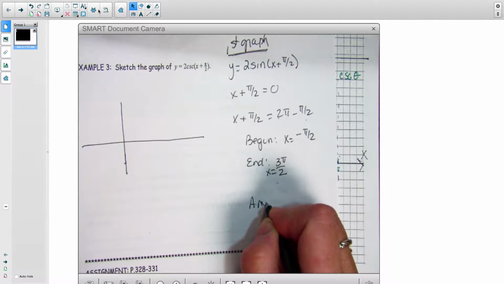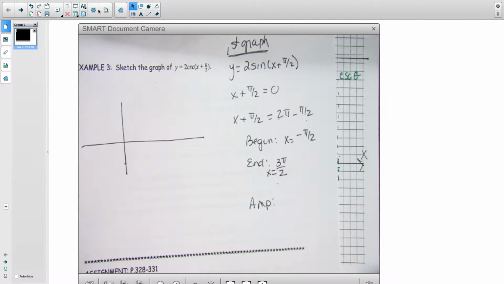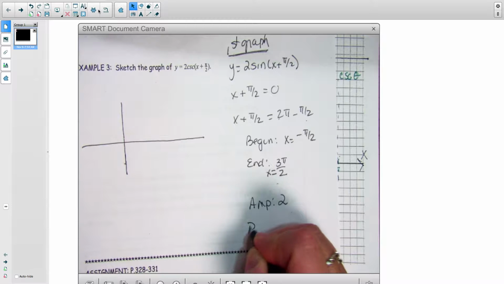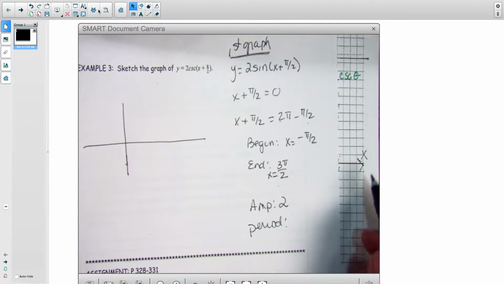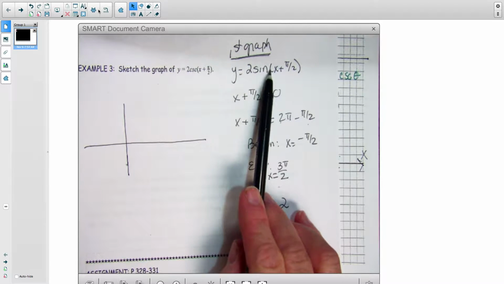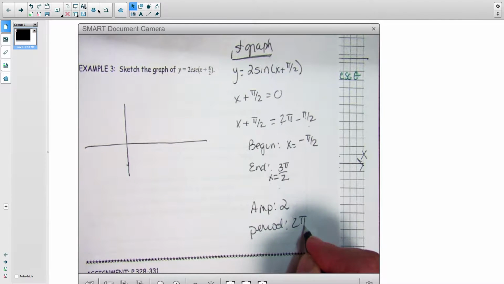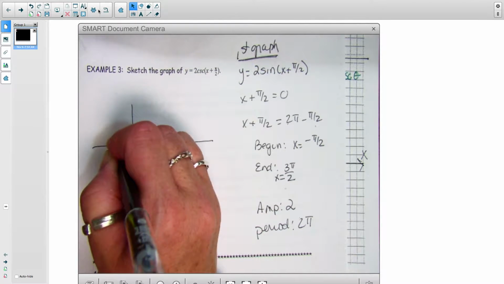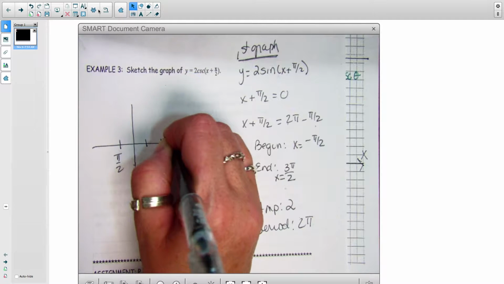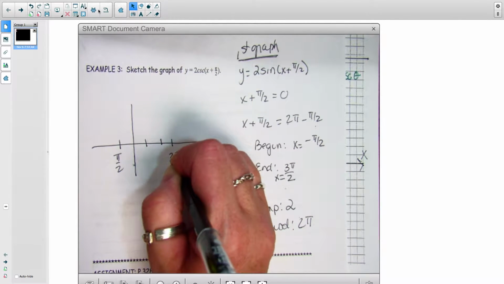This has an amplitude of what? 2. It has a period of what? There's 1 in front of the x, so it just has a period of 2 pi. So pi over 2, there's 1, 2, 3, 4. There's our 5 important points.